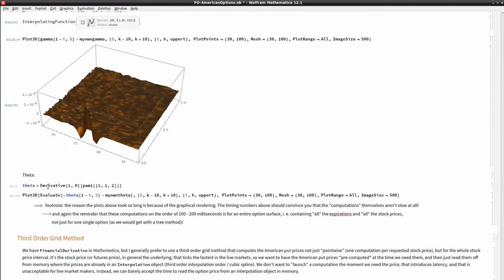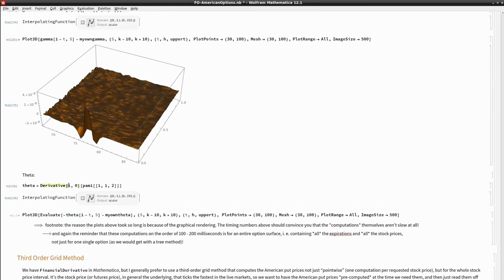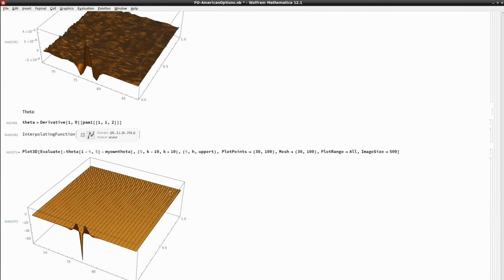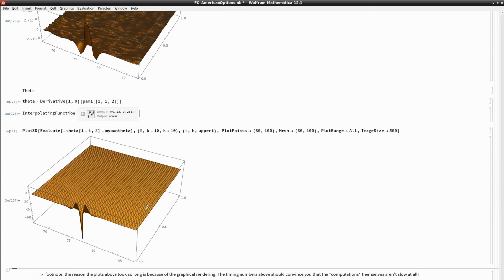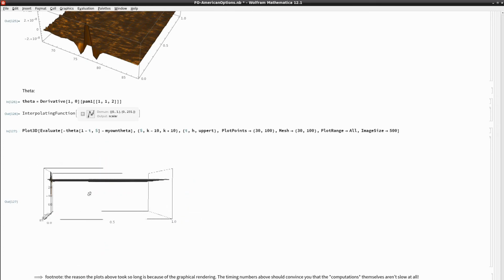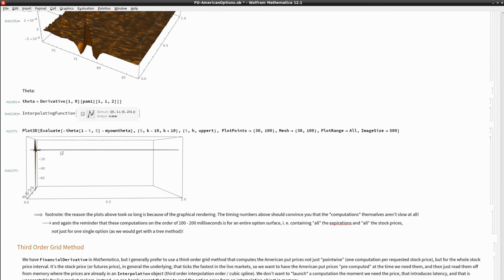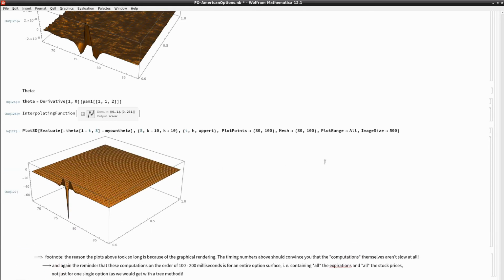And let's do the same with theta. Here we have to take the first derivative in time and no derivative in space. That's theta, and let's plot the differences here. And again, I would say they're pretty much 0. We have a bit of a spike here for numeric error, but look at this flat surface. This is 0, right? Let's do a plot range from minus 1 to 1.